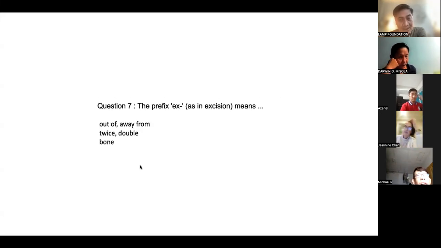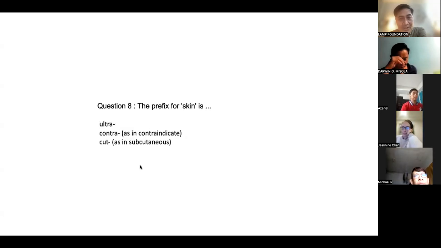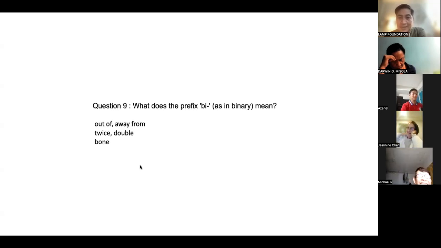The prefix ex-, as in excision, means? Out of, away from. The prefix for skin is? Cut-, as in subcutaneous. What does the prefix bi-, as in binary, mean?